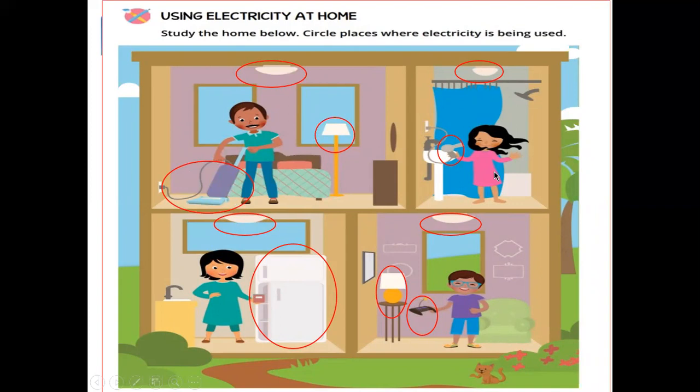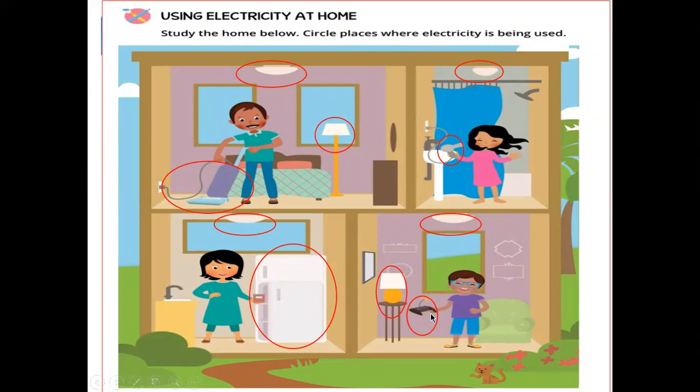Next picture, the electricity is used for the hair dryer and also to turn on lights. In picture number 3, in the fridge and also in lights. And in the last picture, here in the lamps and also in the PlayStation.